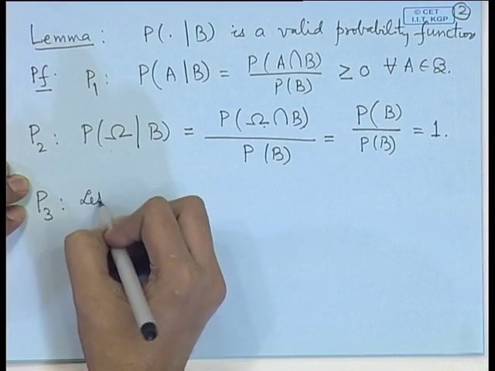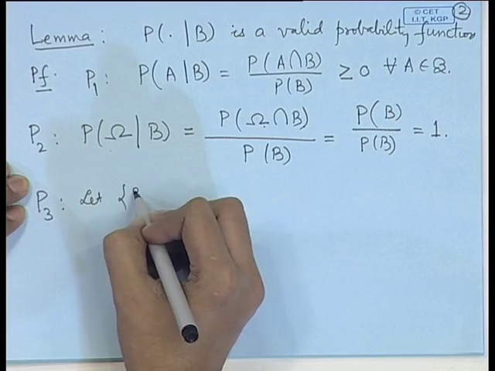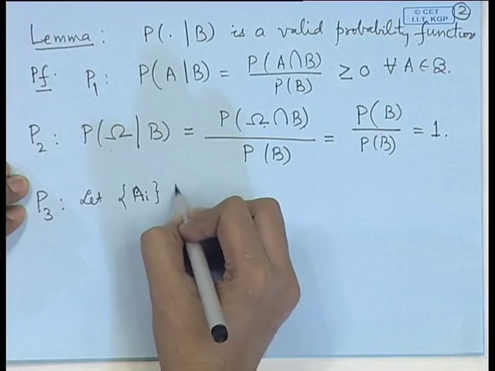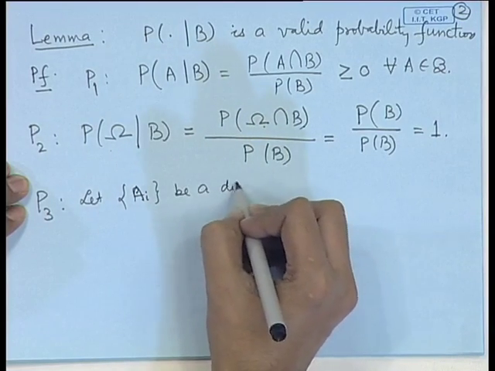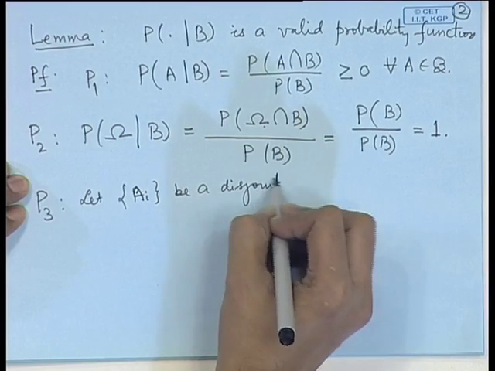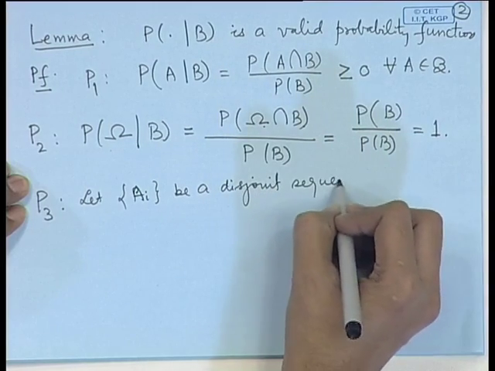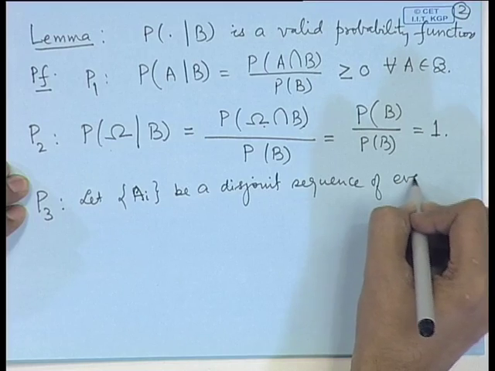So, let us consider A_i to be a disjoint sequence of events.